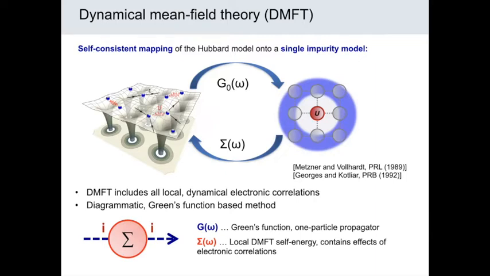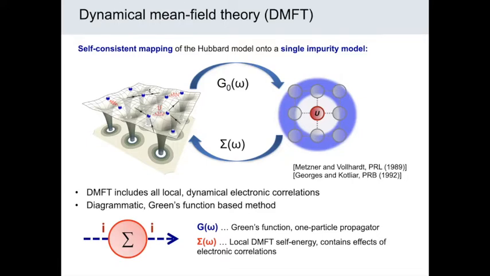In this impurity model, we have a single impurity site with the local Coulomb interaction U. And this impurity site is coupled to a bath, to a mean field in space, which represents the rest of the solid. And so the electrons can hop from the impurity site into the mean field and back. And what DMFT captures are all local dynamical electronic correlations.